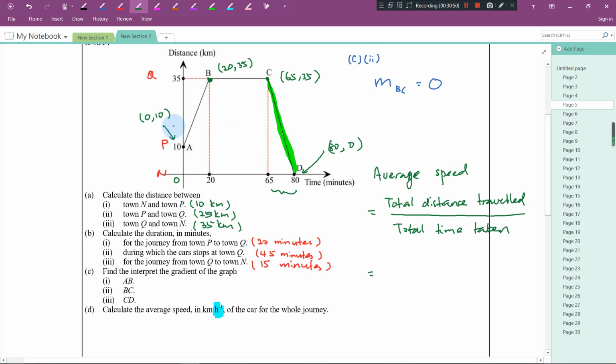So you have to be careful. You cannot just take 35 from P to Q. Here is P to Q 25 and then go back. This is 35. So the total distance travel will be 25 plus 35. And this is kilometer.